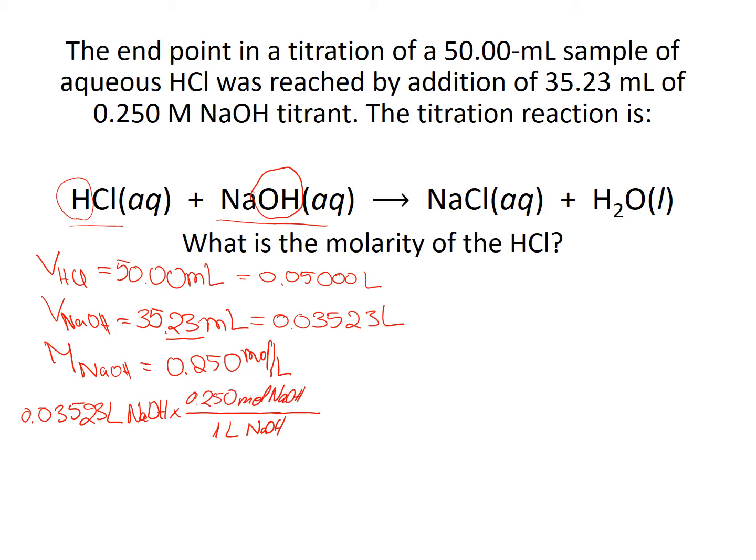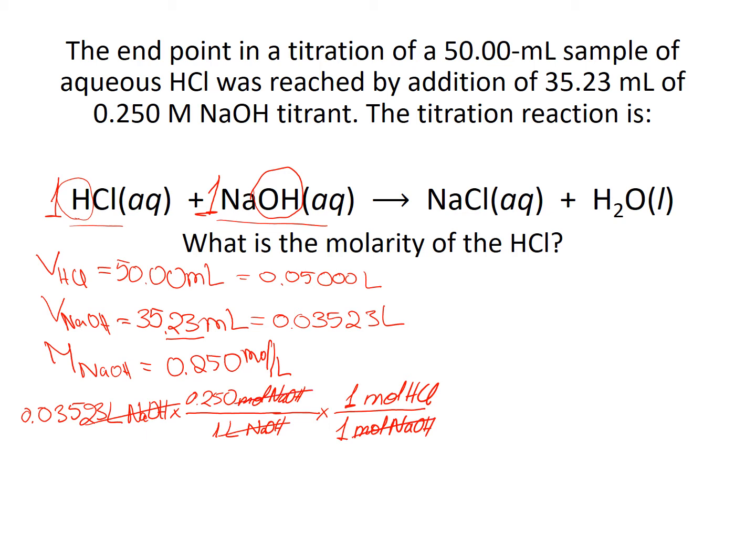And with that, we are at moles of sodium hydroxide, and now we can use the stoichiometric coefficients in the chemical equation to convert from moles of sodium hydroxide to moles of hydrochloric acid. In front of sodium hydroxide, we have an assumed 1. In front of hydrochloric acid, we have an assumed 1.